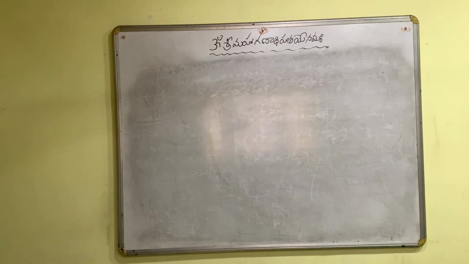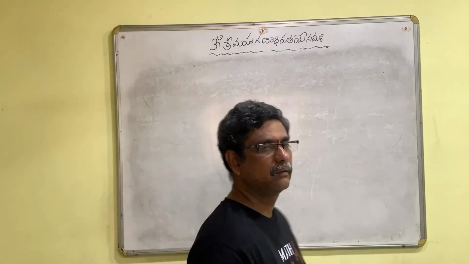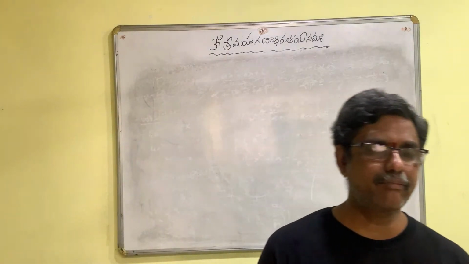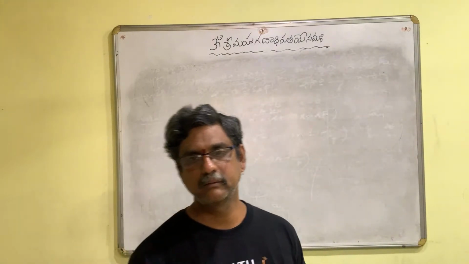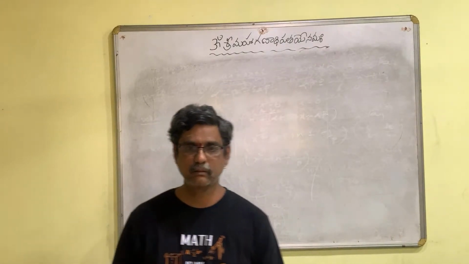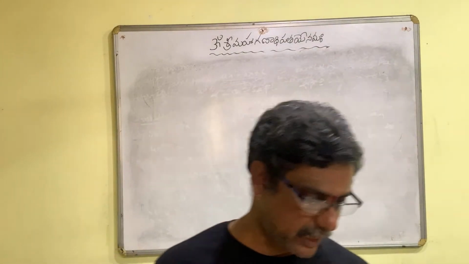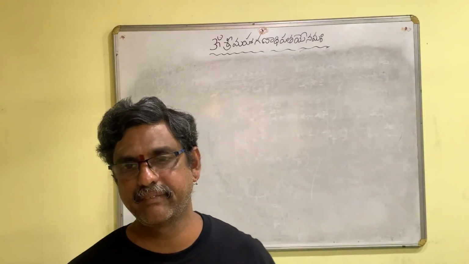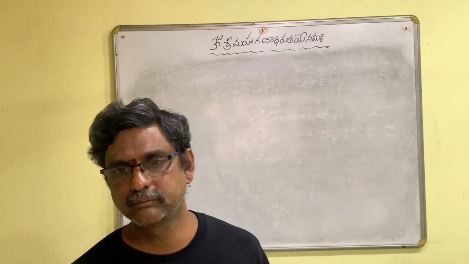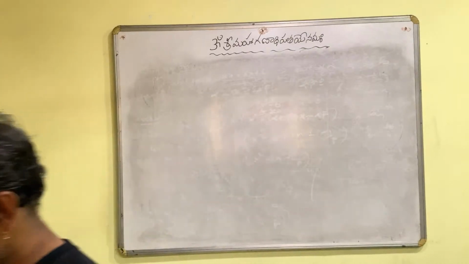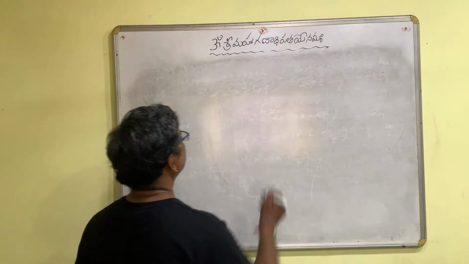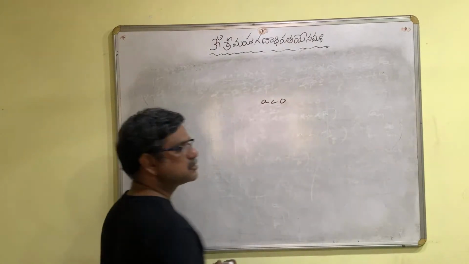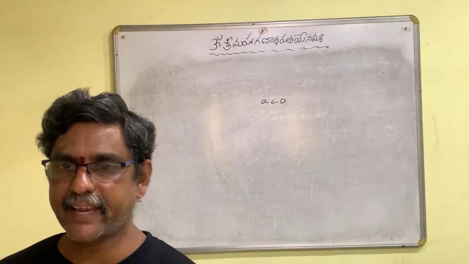The graph of parabola opens downwards if what is the condition? A less than 0, right? A less than 0. It opens upwards if A greater than 0.